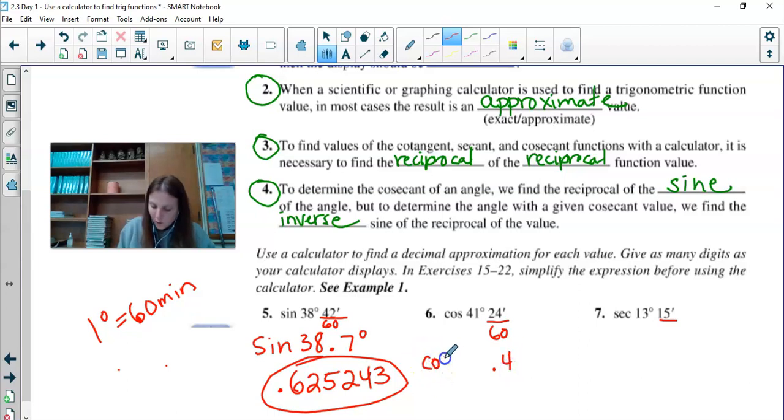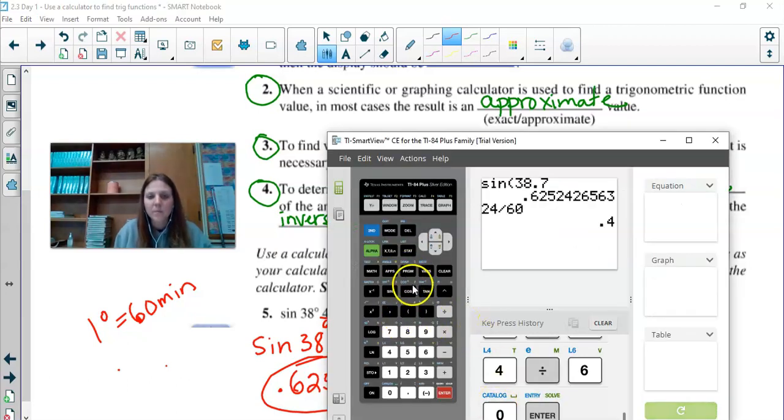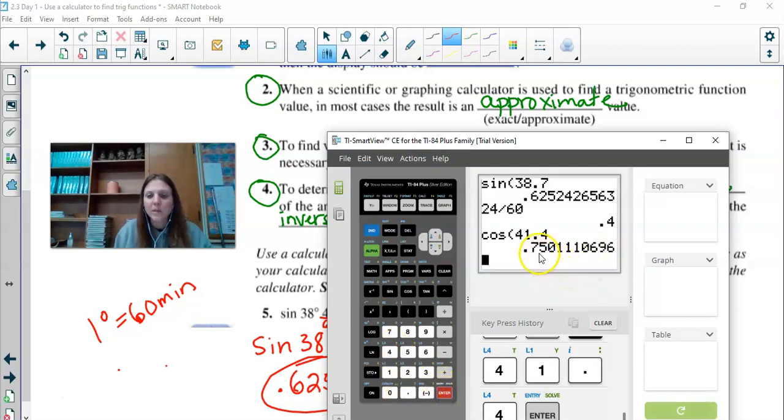So I'm finding the cosine of 41.4. And again, round it to 6. 1, 2, 3, 4, 5, 6. That way we're just all consistent. If we're all doing the same rounding, we can check answers easily.